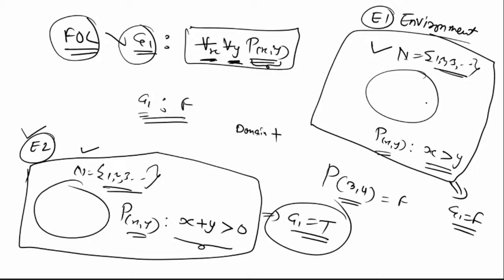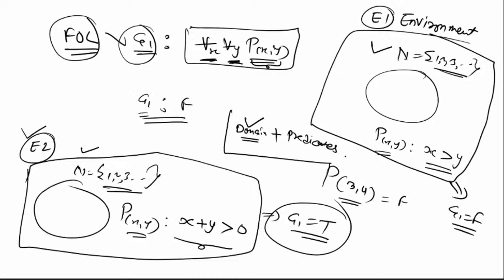After knowing this domain, you also need to know the meaning of each predicate. Here we have P(x,y). This is the only predicate we have. So we need to know what this predicate is. Basically we need to know the domain, and also all the predicates. And if there is anything else in this formula, we should know about it.